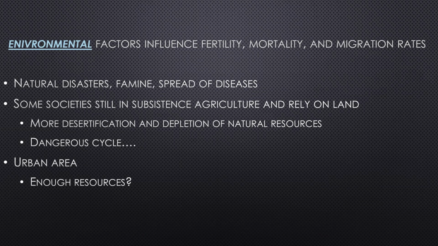Some might not think rationally and have more children so they can get more, but it's a cycle: more desertification because of that, more depletion of natural resources. In urban areas, will there be enough resources with people living there? Pollution and all that.